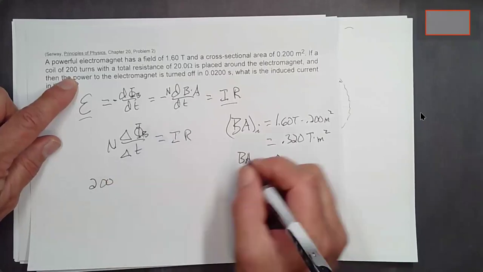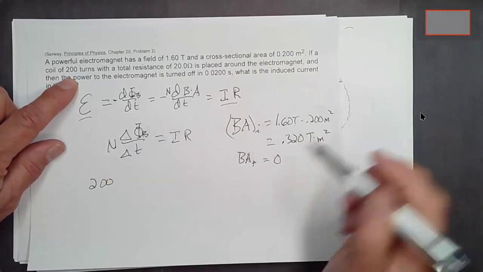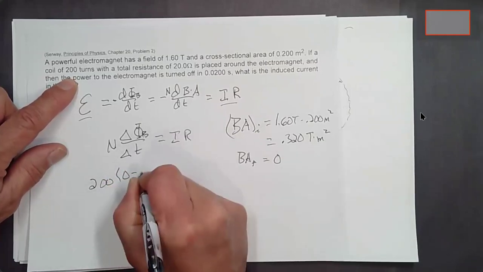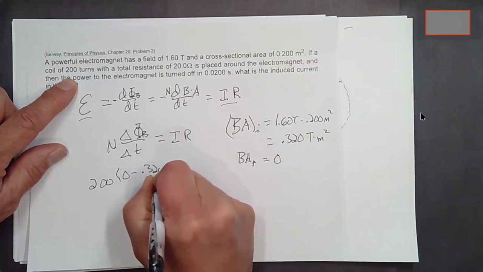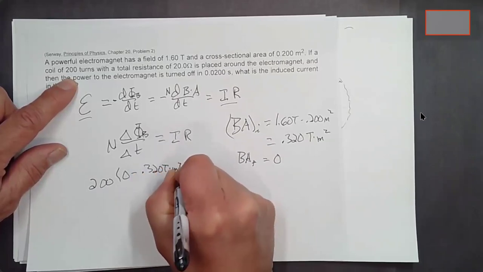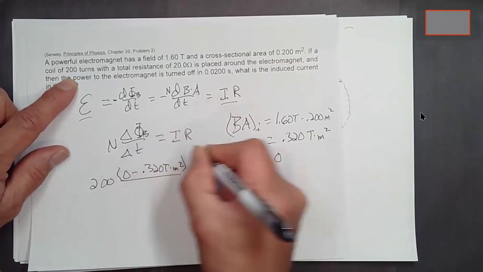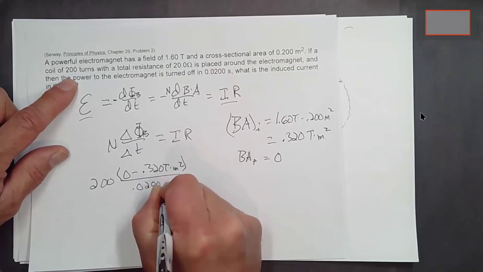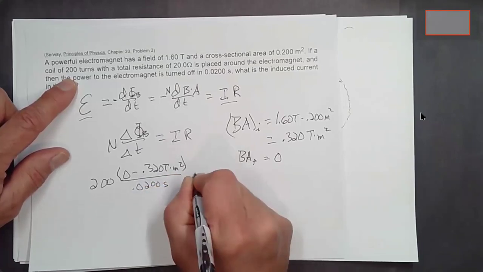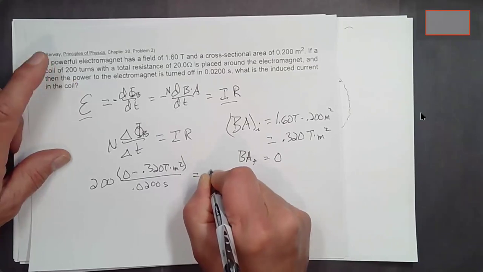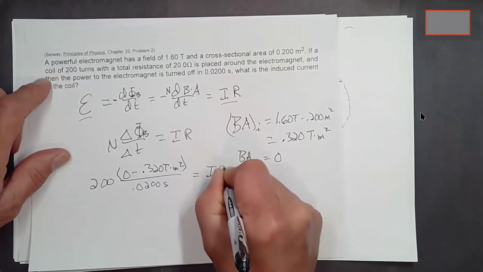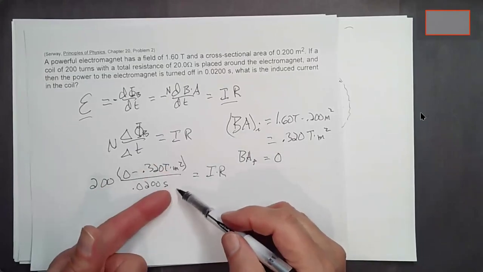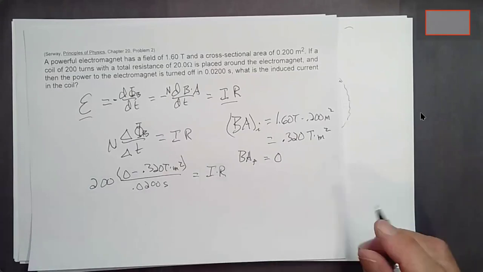And so we'll have N times delta phi sub B, which is 0 minus 0.320 Tesla meters squared, divided by the delta t, 0.0200 seconds. And that will equal I times R.